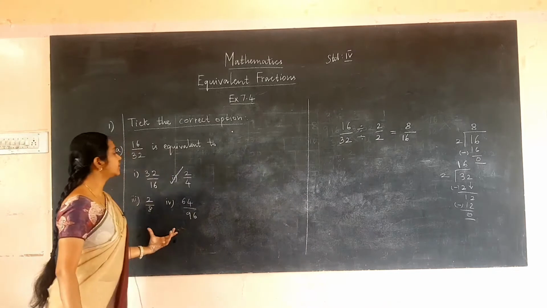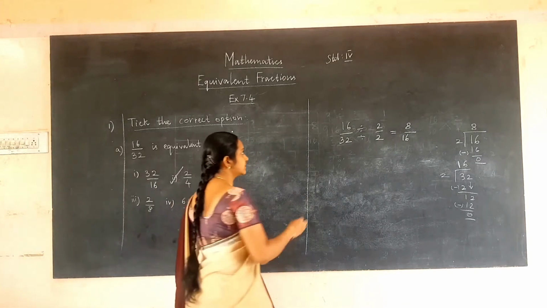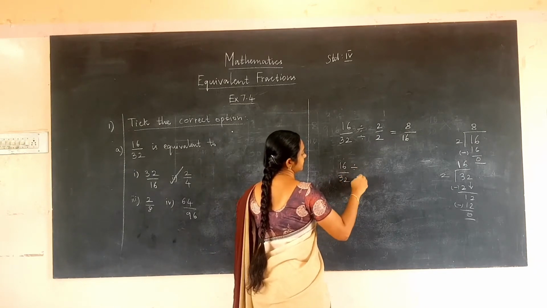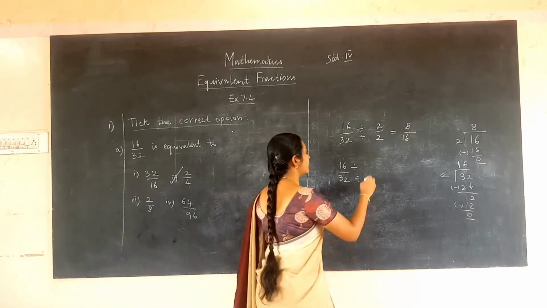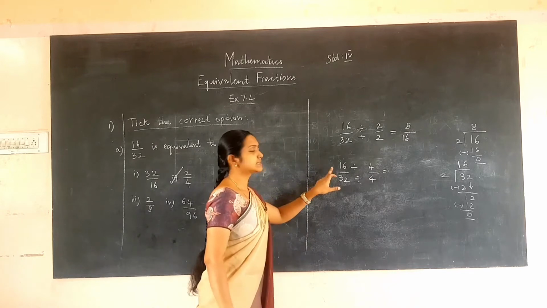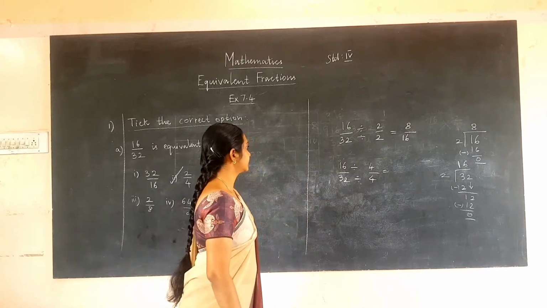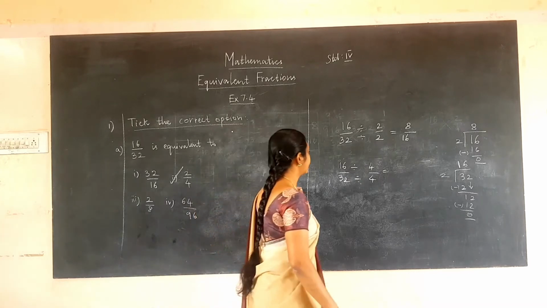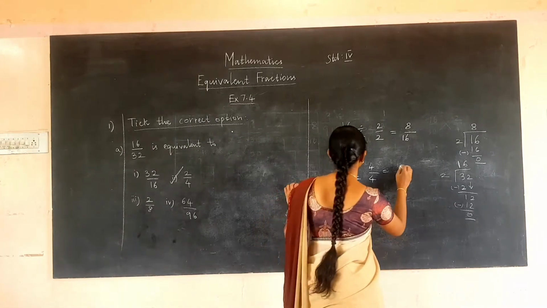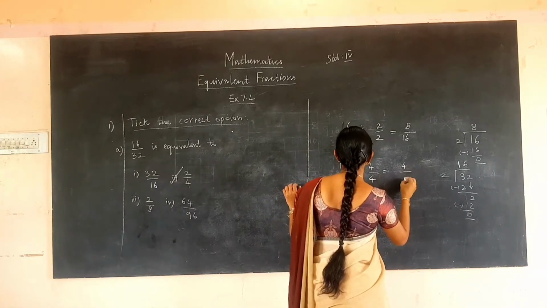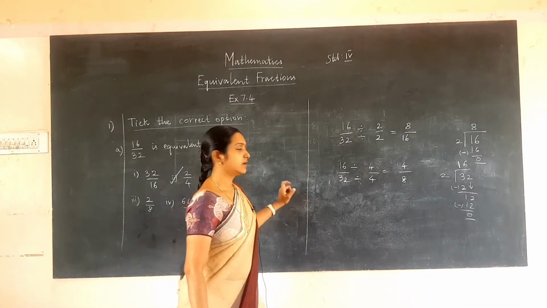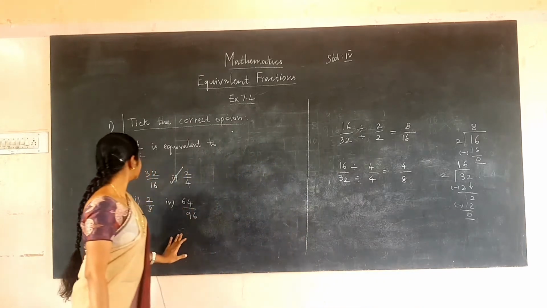8 by 16 is not in the option here. Now let us divide it by 4. 4 is also a common factor for 16 and 32. 4 4s are 16. 8 4s are 32. 4 by 8 is also not here.